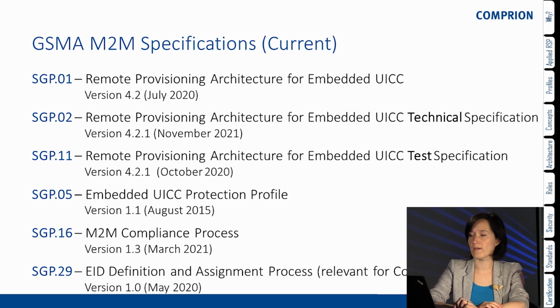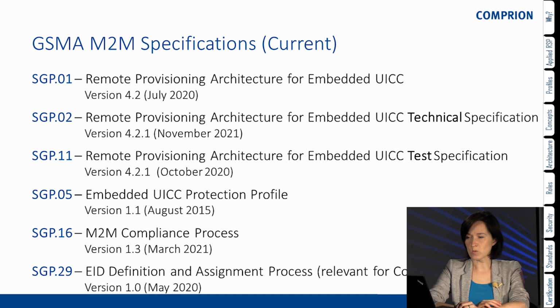First of all, we have the SGP01, which was the first specification defined, and it's called Remote Provisioning Architecture of Embedded UICC. This specification defines the architecture, but basically the requirements for the M2M ecosystem.